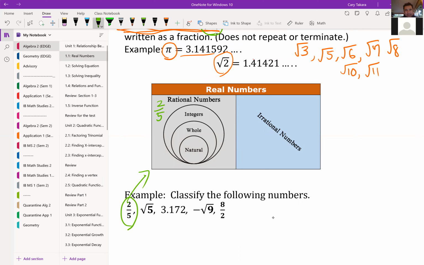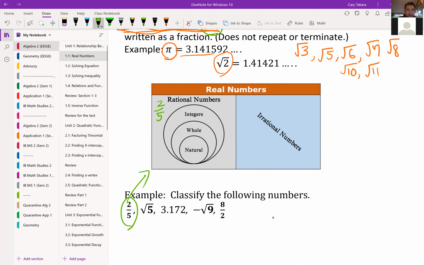No, you can't, because it's not a whole number. 2/5 is 0.4, isn't it? It's not whole, it's not natural, it's not an integer.